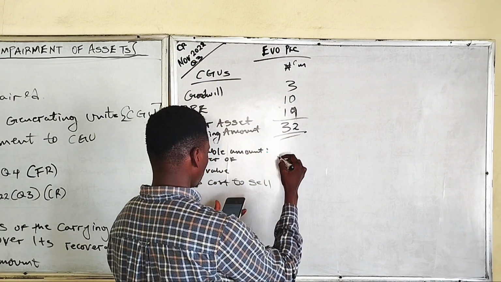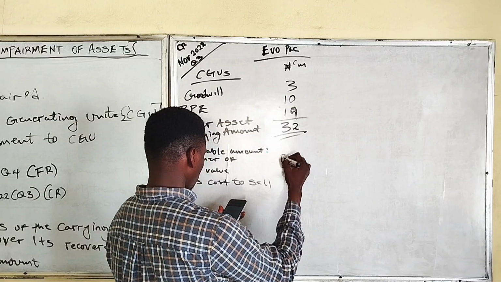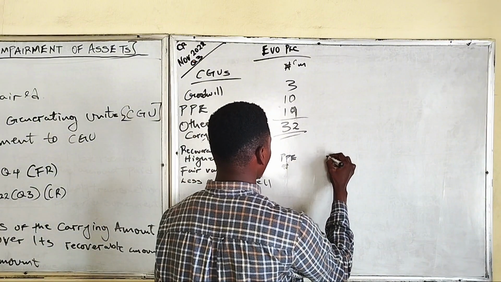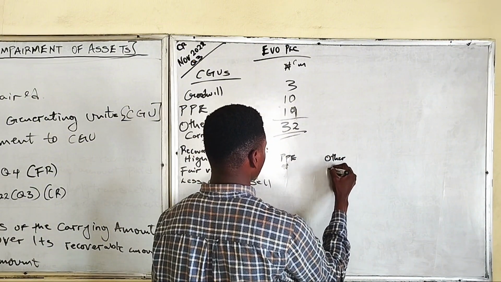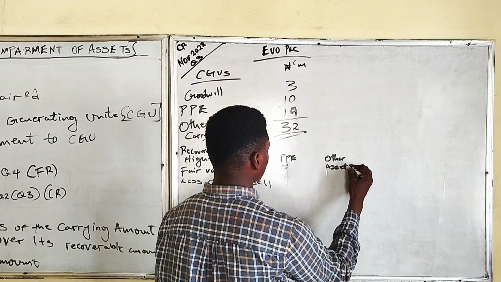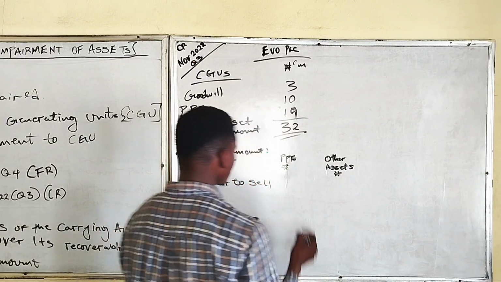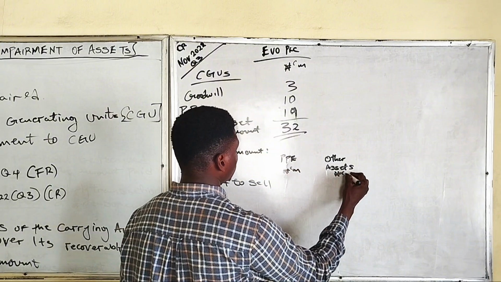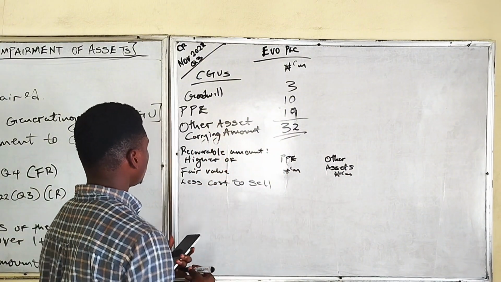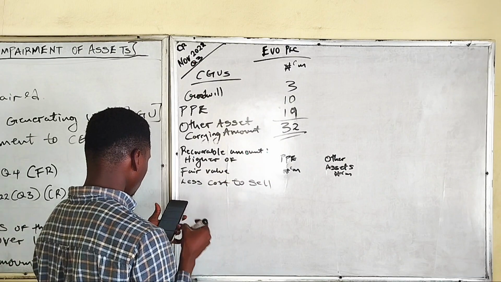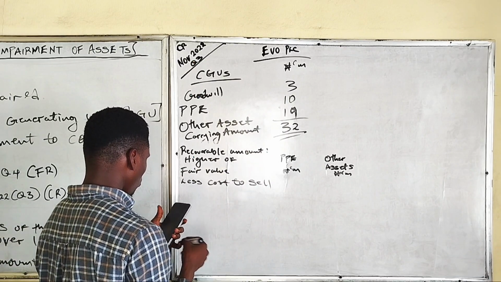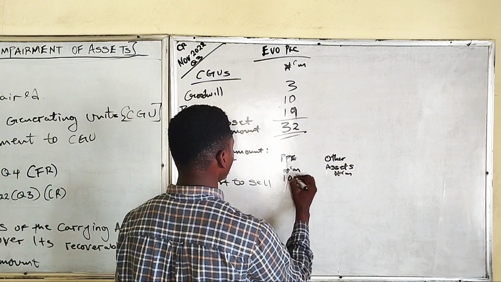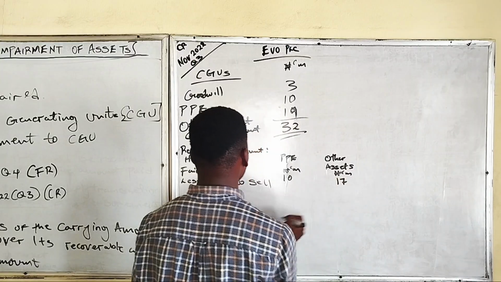So let's assume that this is for PPE, property, plant and equipment, then the other one, which is other assets, is in millions. So the fair value of property, plant and equipment and other assets were 10 million and 17 million respectively. So fair value of PPE is 10 million, while other assets is 17 million.